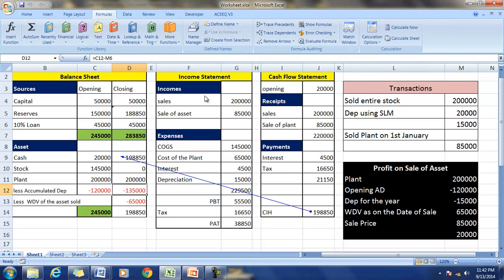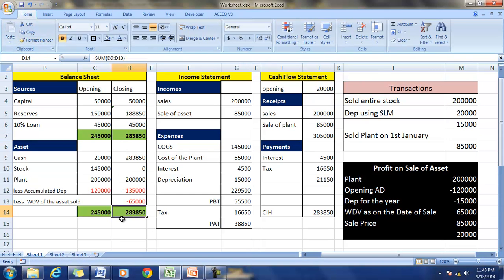The accumulated depreciation comes from here. The WDV will be reduced to the extent the stock is not there, the loan has not changed, so cash in hand should be transferred to the balance sheet. Let us see cash in hand. Cash in hand is equal to 283,850. So the balance sheet tallies for us.